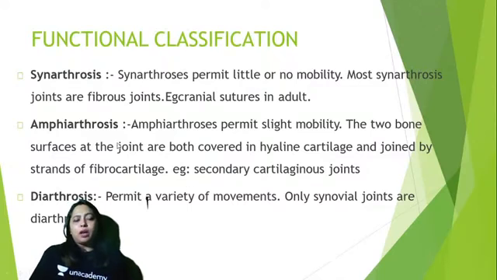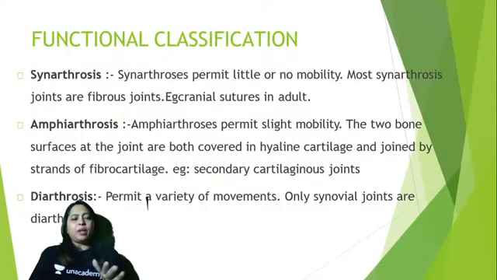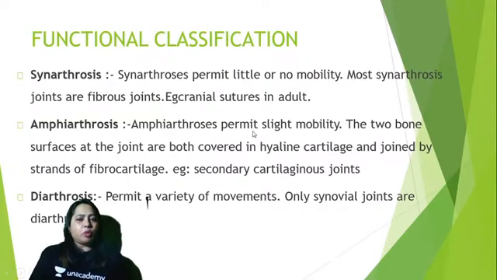Next one, amphiarthrosis. You know that an amphibian can stay in the water as well as on the ground. So amphi is not completely movable, not completely stationary. So it is slightly movable. They permit slight mobility. And this kind of joints are called amphiarthrosis. That's how it gets its name, amphibian.